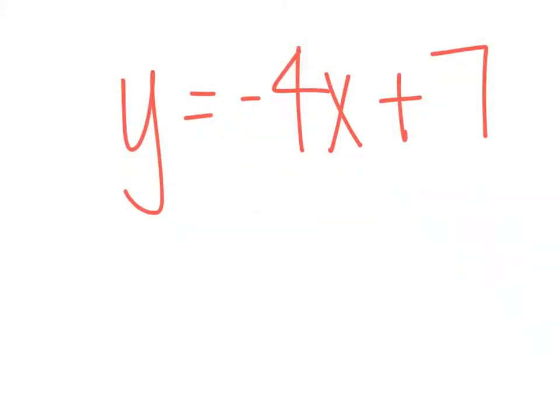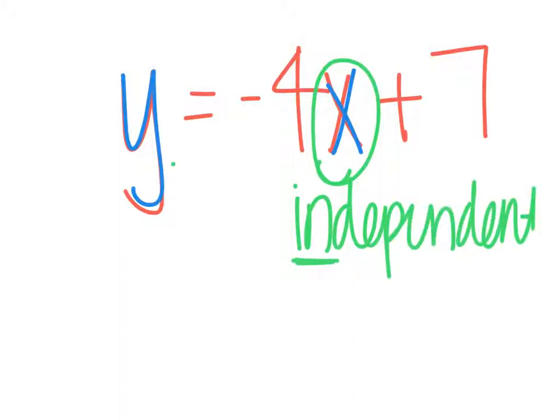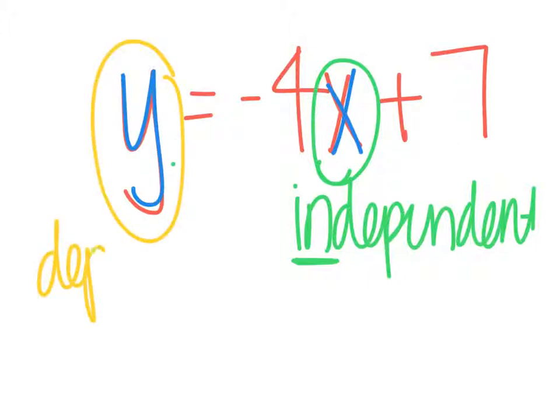So looking at this equation, we can see that it's linear because it just has y and it just has x. So it's important to remember that our x is our independent because it is in the equation, and that makes y out here our dependent.